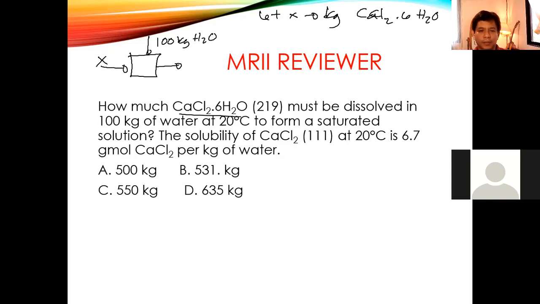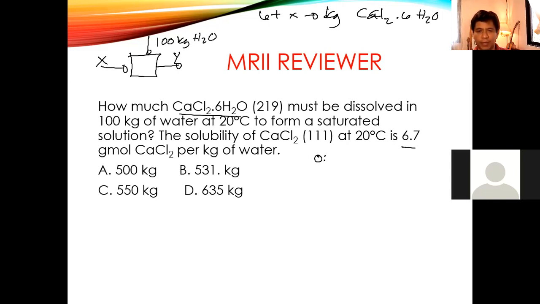Let the solution weight be Y, just so we have a variable. The given is that the solubility at 20 is 6.7 gram moles of calcium chloride per kilogram of water. So all you need to do is perform the overall mass balance and the calcium chloride balance.